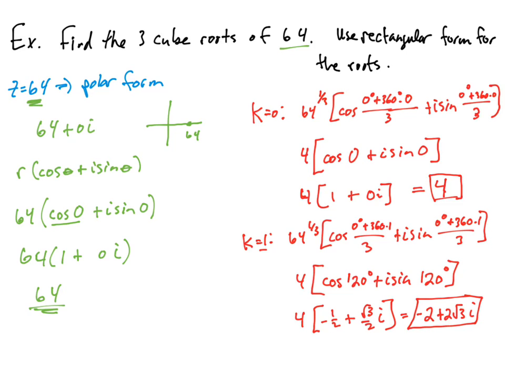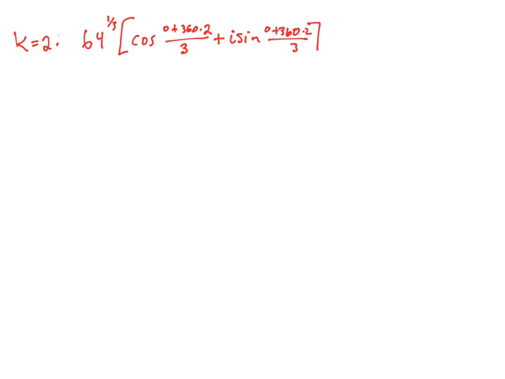And then we need to calculate k equal to 2 here. This will be 64 raised to the 1/3 times cosine of 0 plus 360 times 2, because k is equal to 2, divided by 3 plus i sine 0 plus 360 times 2 divided by 3.